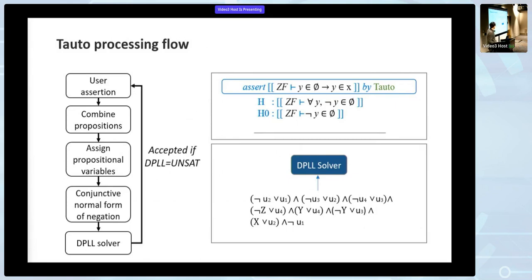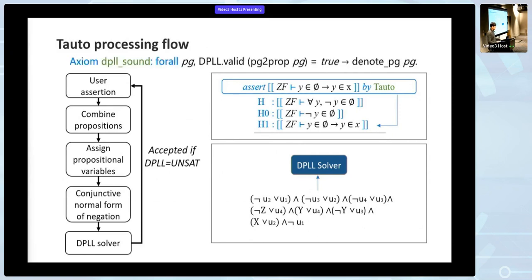Once it produces UNSAT, it means that this formula is valid and it will be added into the proof environment. Currently, this whole process is unverified, so it is guaranteed by an axiom. But we are actually verifying this, and we reckon that it is correct because we haven't met any problems in the verification by now.